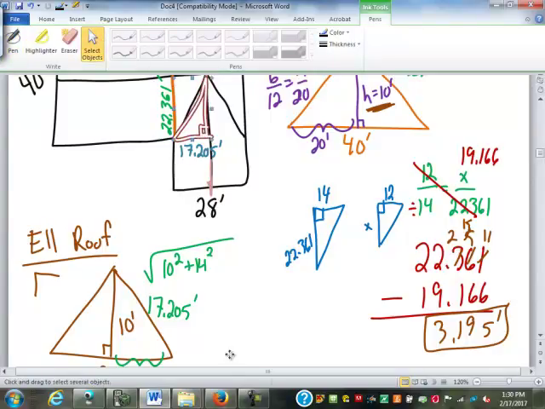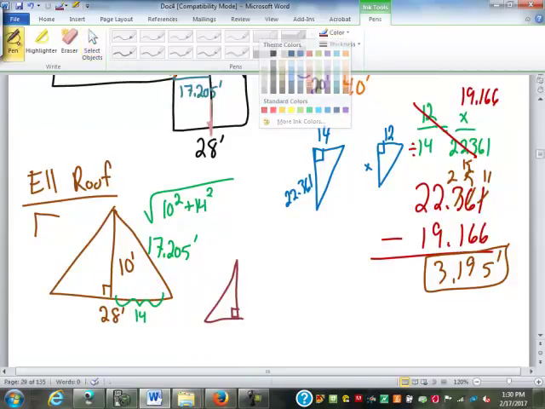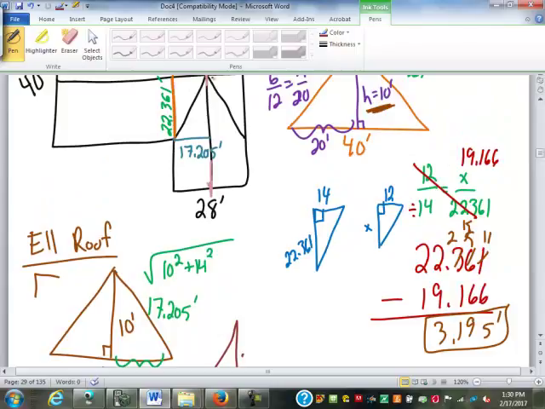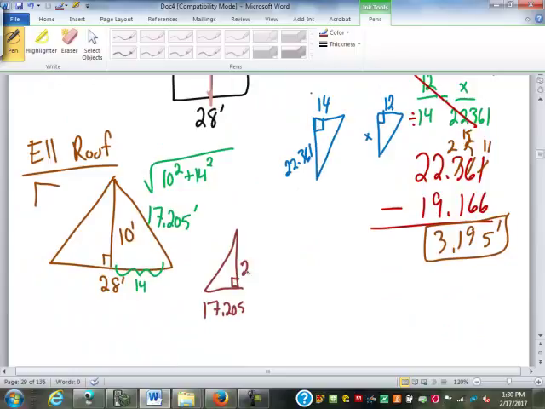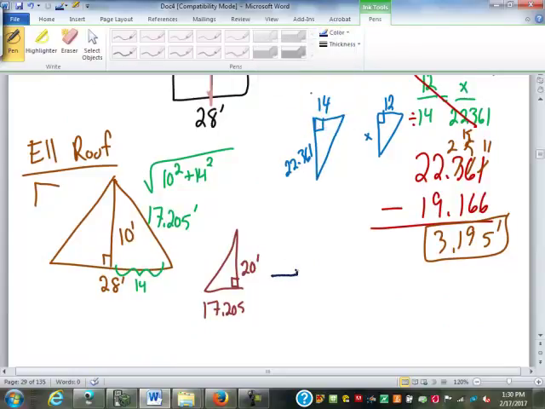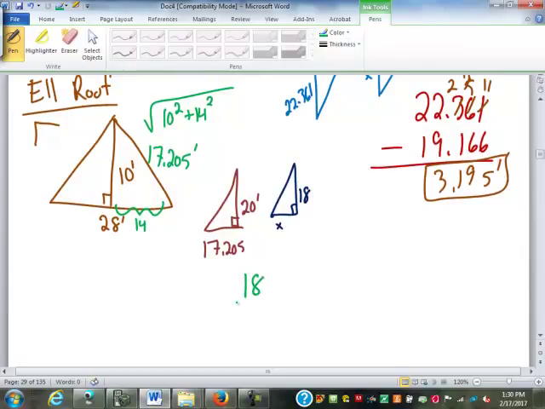We're going to pull it out. This is 17.205 down here. Does anybody know what this is? You got it, 20 feet, half the span of the main roof. So then our next one is 18, and this is X. 18 over 20 equals X over 17.205.